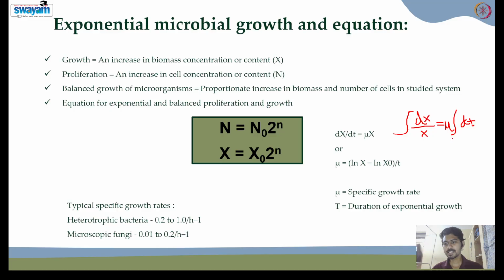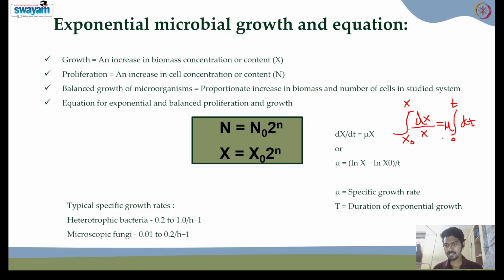So what happens at the initial 0? 0 refers to the initial stage. When time t is equal to 0, there will be some concentration, which we call x naught. And at time t, whatever time you are going to run the experiment, if we measure the concentration, we call it x. So this is the limit 0 to t, and this is the limit x naught to x.